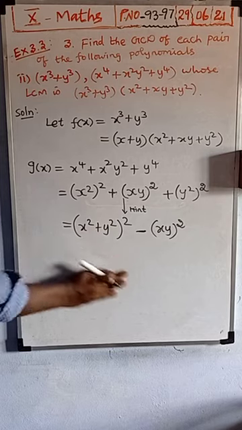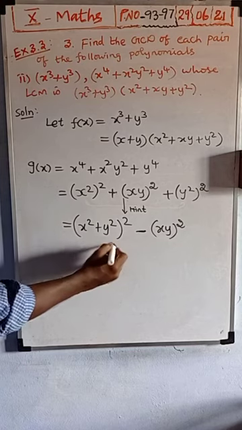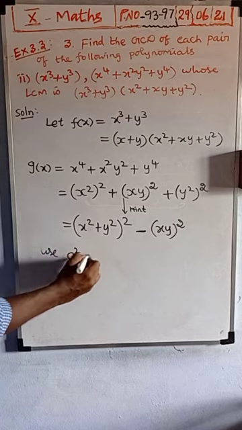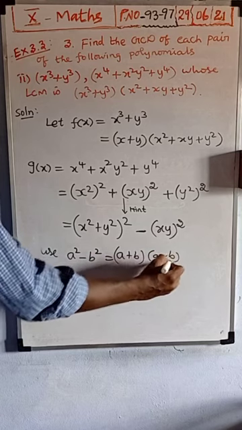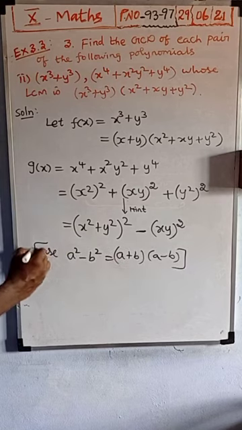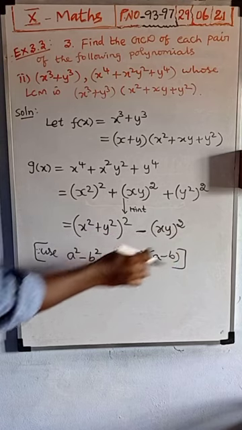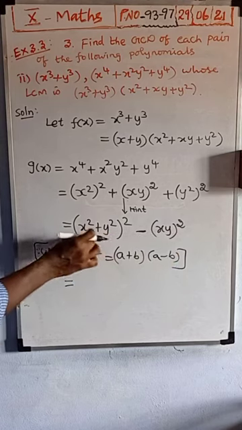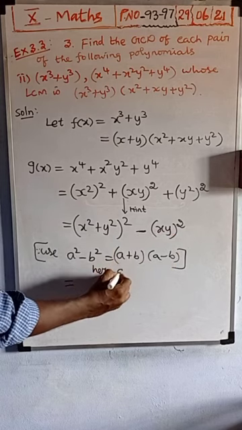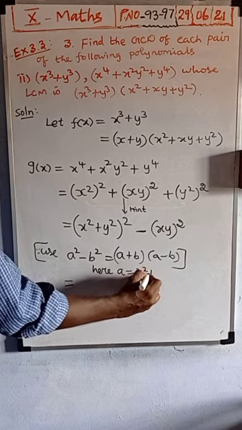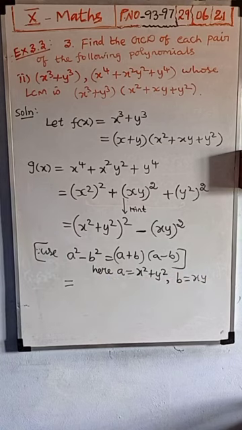Now why I have converted like this: because now you consider this as a. Use a square minus b square equals a plus b into a minus b. You know this identity already. So I took this as a and this as b. That means a square minus b square, a is equal to x square plus y square and b is xy.